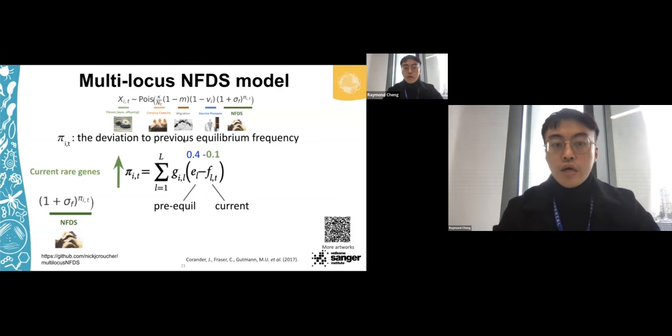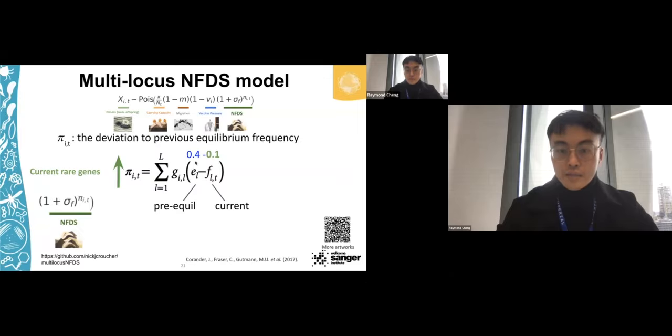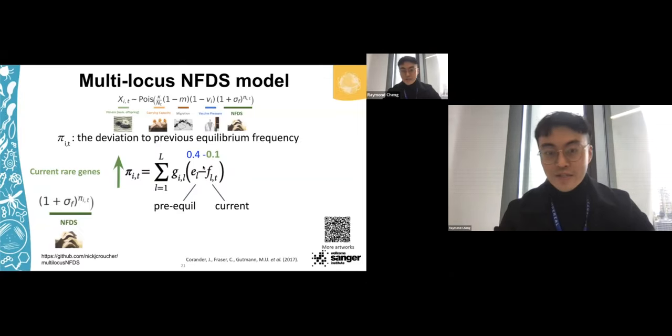For example, for the rare genes, let's assume the rare genes have a frequency of 0.1. If you do the math, you will see this gives a positive number. If the isolate carries a lot of rare genes, then the summation will be a positive number. At the end, you will get a positive pi, and a positive pi will increase the number of offspring.